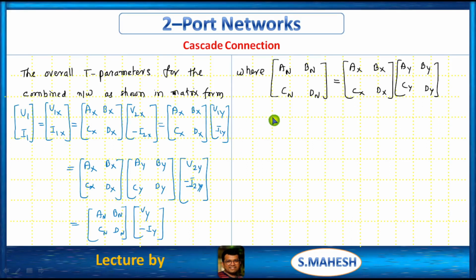Thus, the overall ABCD parameter matrix for the cascade network is the matrix product of the ABCD matrices of the individual networks.